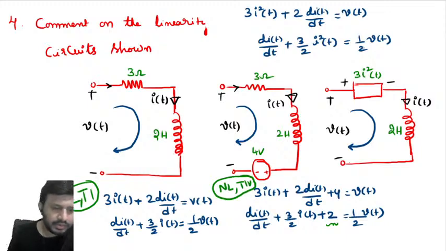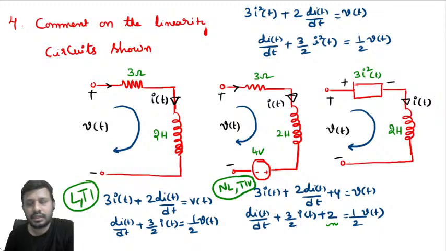Come on, tell me for this. The third circuit, di of t by dt plus 3 by 2 i square of t is equal to 1 by 2 v of t. Here if you observe, in the second term i of t is multiplied with i of t.